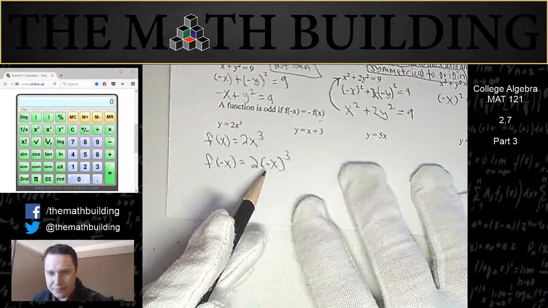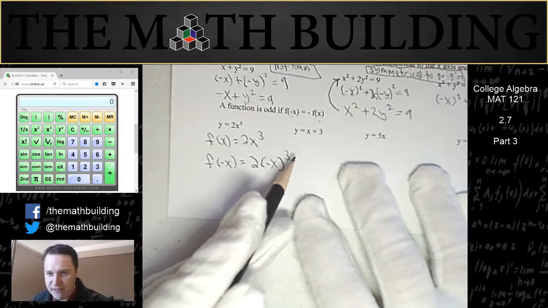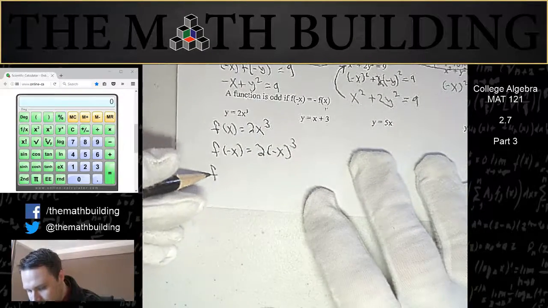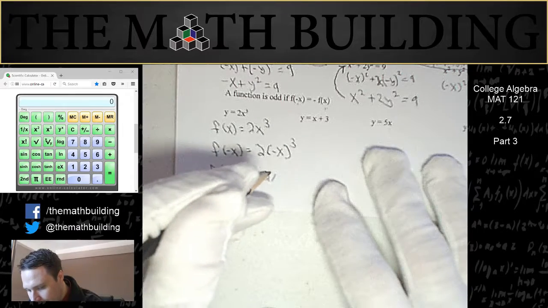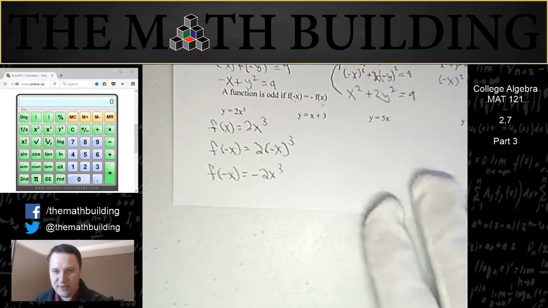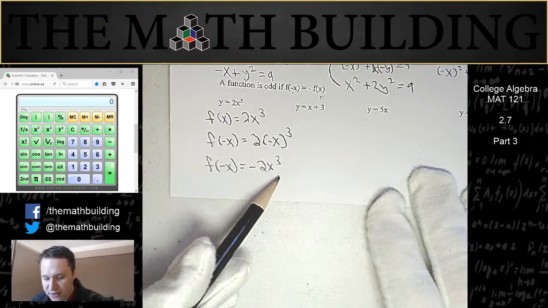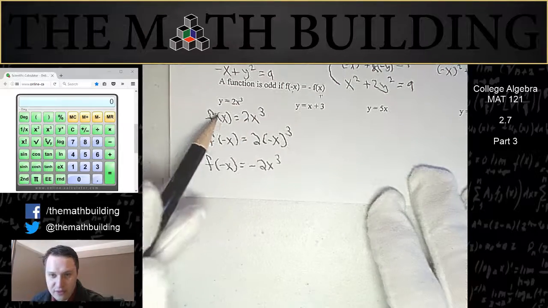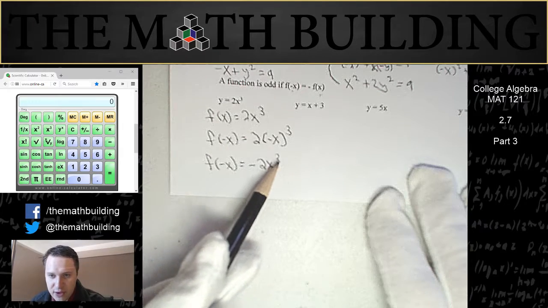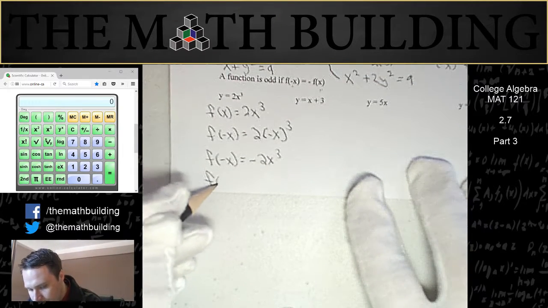Do you see that? And this negative is going to survive the odd power and come outside like that. Do you see that? And now look, we have 2x to the 3. But what is 2x to the 3? It's f of x, so I can replace that with f of x.